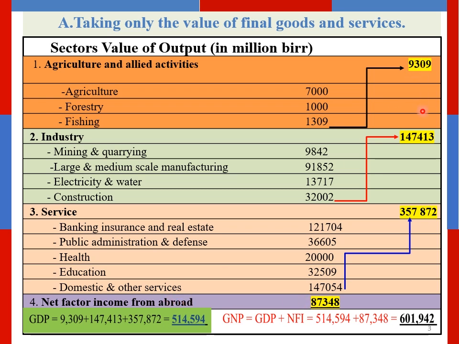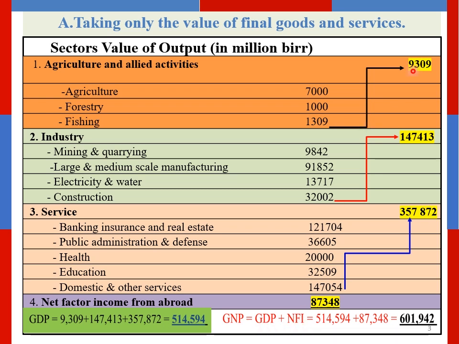Only add those three numbers, then you can get the GDP, since GDP does not include the net factor income from abroad when the economy is a closed economy. In order to get the GNP, gross national product, you have to add GDP and net factor income.